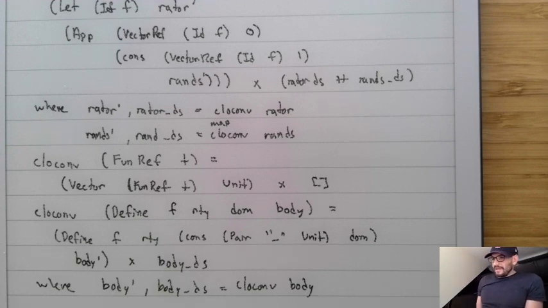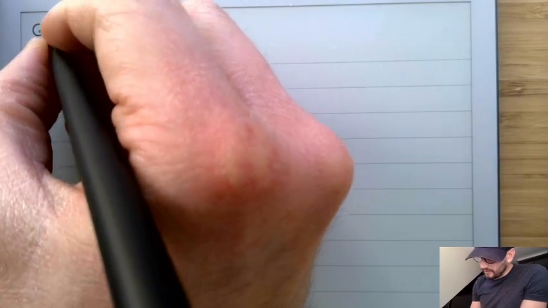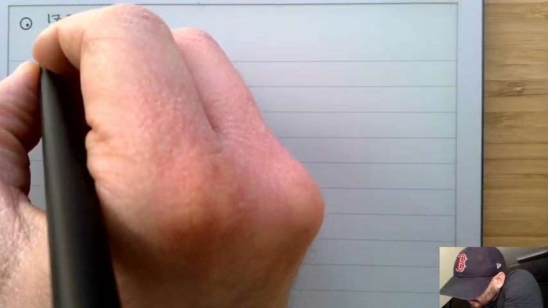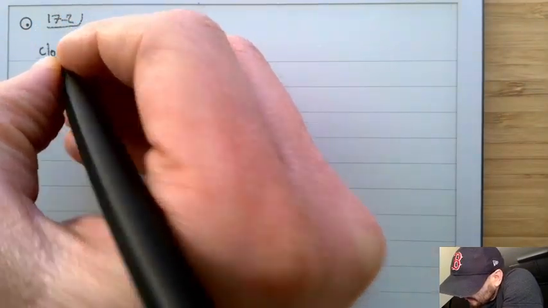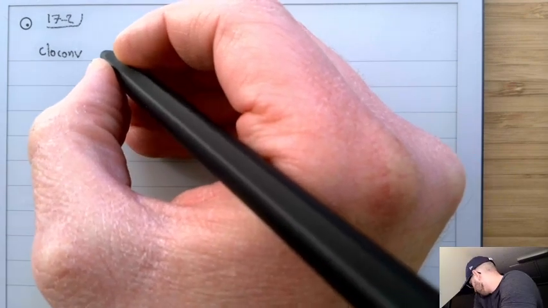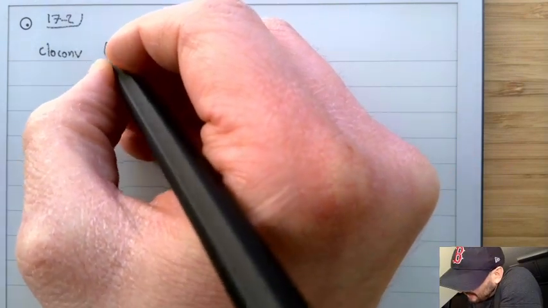Okay, now the last rule that's complicated about closure conversion is the actual rule for what to do when you see a lambda. This is 17.2. So we see a lambda, so we'll do closure conversion, and we get a lambda.